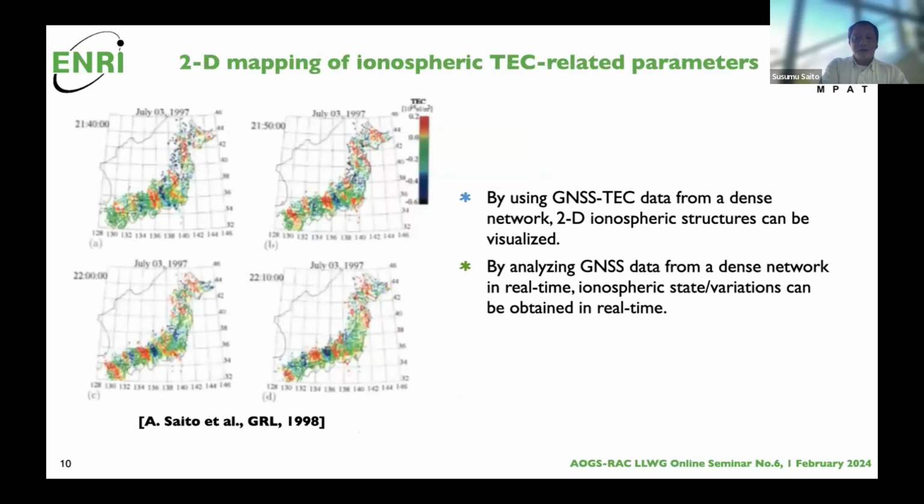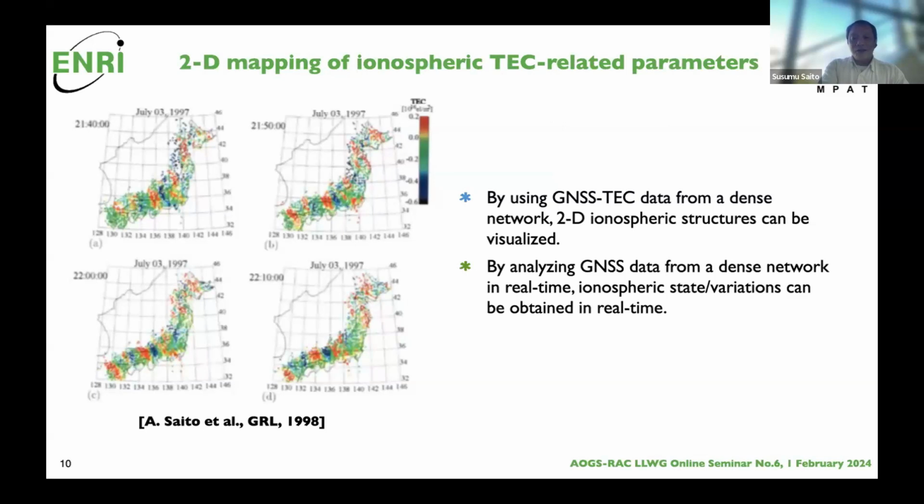Okay. And actually, the use of the dense ionospheric component derived from a dense GNSS network has been done for a long time. This is a result from a paper published in 1998.